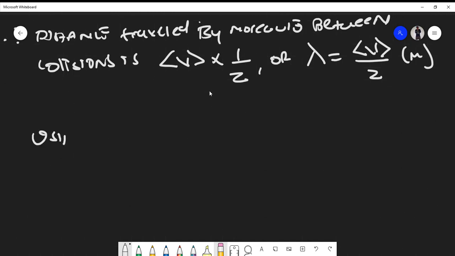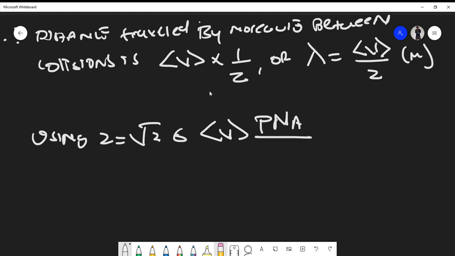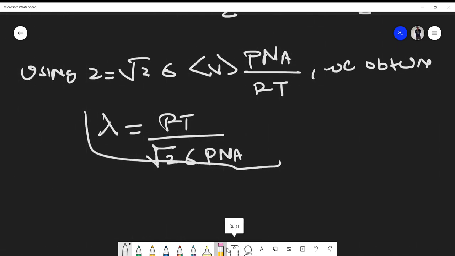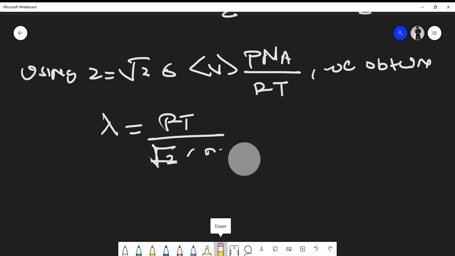Therefore, if we use Z equal to the square root of 2 times sigma times the average velocity times P times Avogadro's number divided by RT, we actually get that the mean free path is equal to RT divided by the square root of 2 times sigma times P times N_A, where N_A is Avogadro's number.